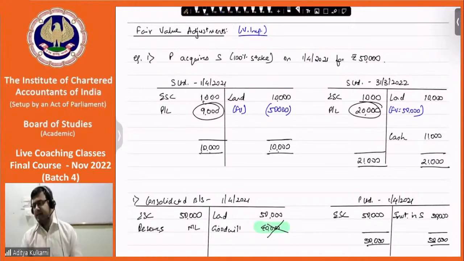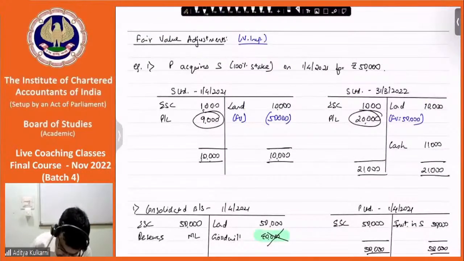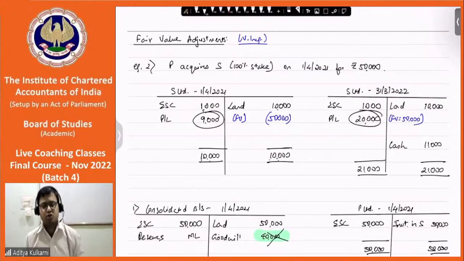All right. Okay. Fine. So now let us move on to the next step, to the next adjustment. I am modifying this only. Case 2. P acquires S 100% stake on 1st April 2021 for 50,000.